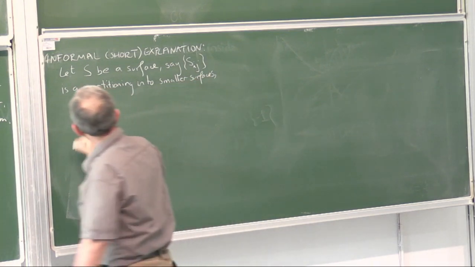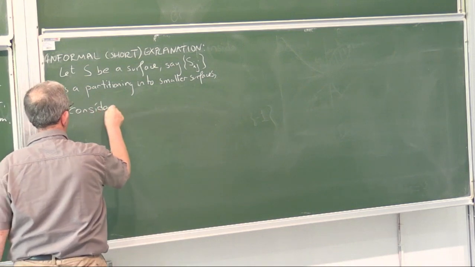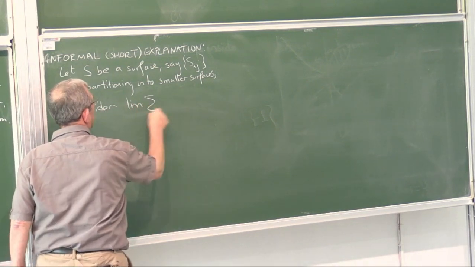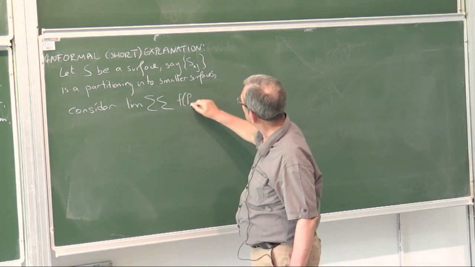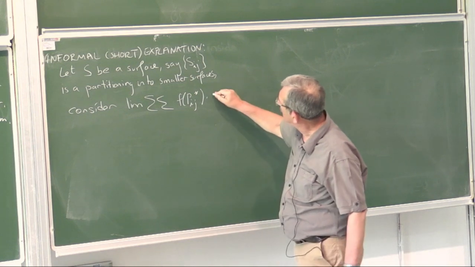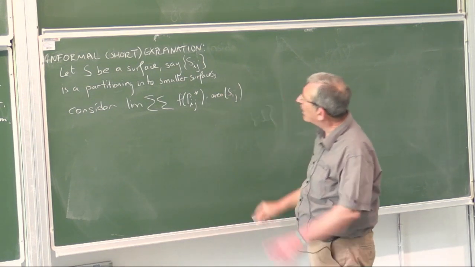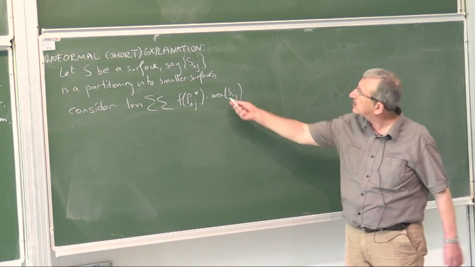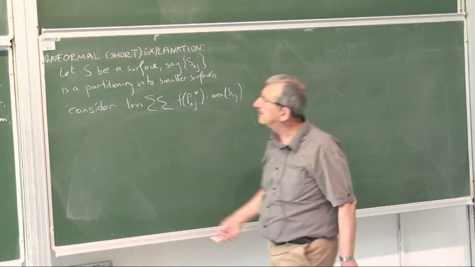Then consider the limit of this sum of f of P_ij star times the area of S_ij. Now, S_ij are surfaces, so this is surface area. You multiply by this, and then you add.